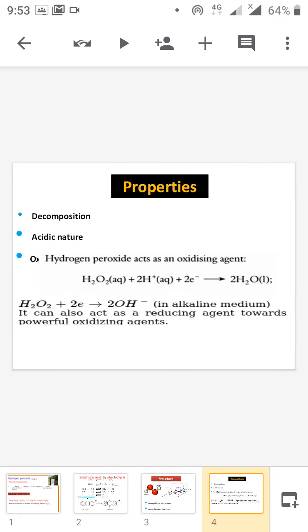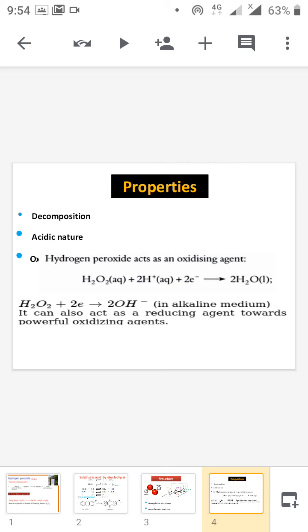Now we have to concentrate the hydrogen peroxide which we prepared by the above methods. By using evaporation over a heated water bath, we will get 45% concentrated hydrogen peroxide. While doing distillation, we will get approximately 85% hydrogen peroxide.